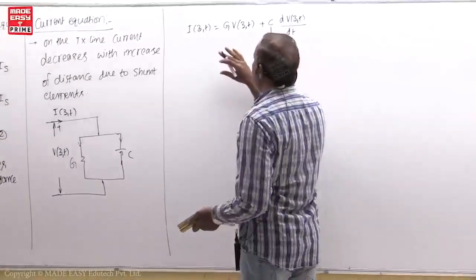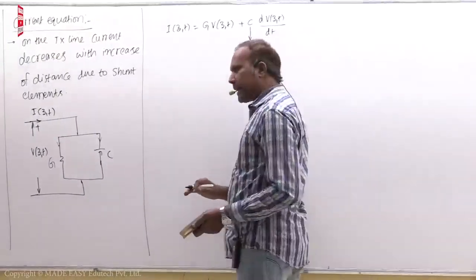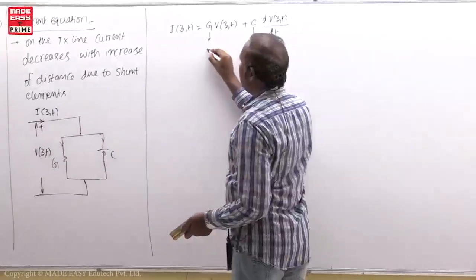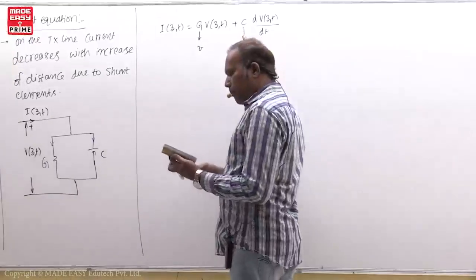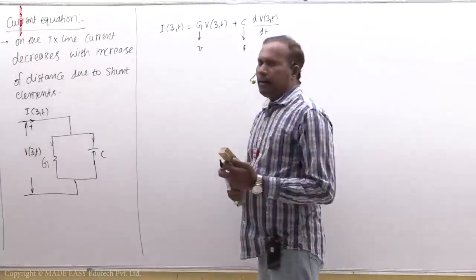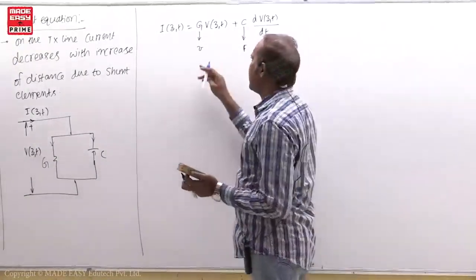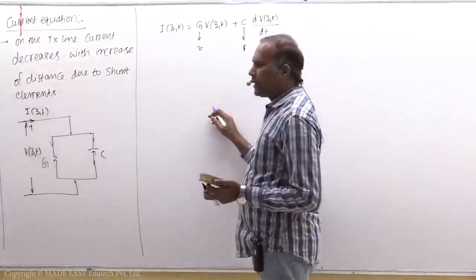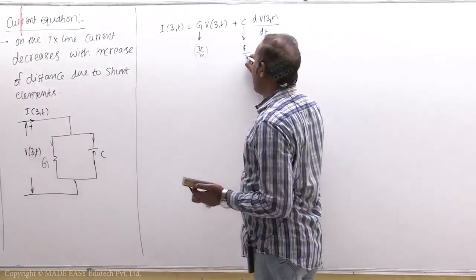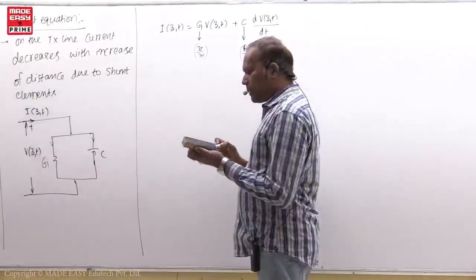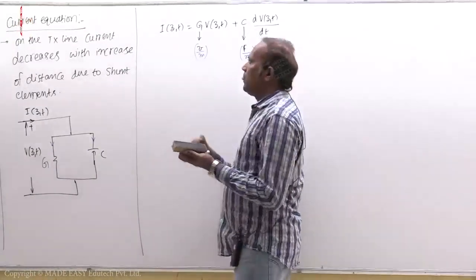I told you this is the network theory equation. It is the correct equation whenever G is in mho and C is in farad. But in transmission lines, this is conductance per meter length and this is capacitance per meter length. That is why per meter should be there.